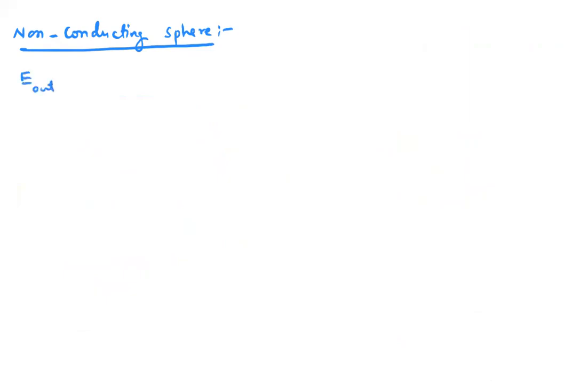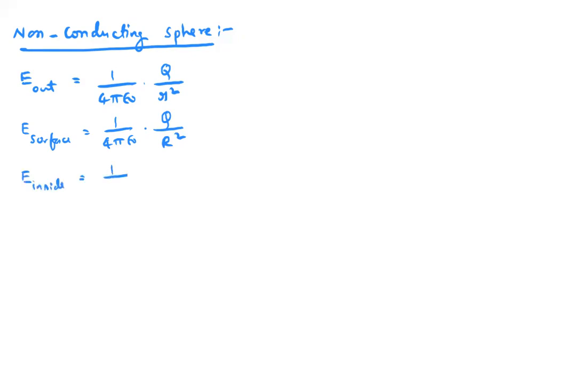The electric field for an outside point is 1 by 4 pi epsilon naught capital Q by r square, where capital Q is the total charge. Now E on the surface is 1 by 4 pi epsilon naught total charge on the sphere by R square. These two formulas are the same as for the conducting sphere. Now for an inside point, we have derived 1 by 4 pi epsilon naught Q into small r by R cube, in the previous classes.